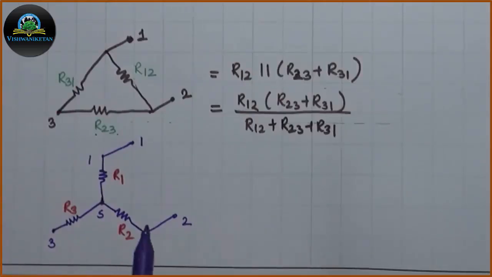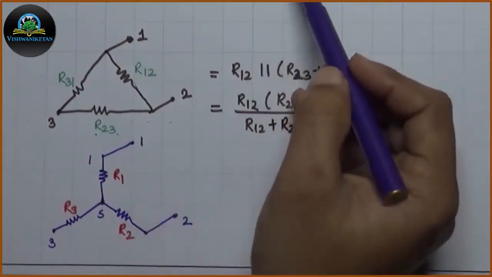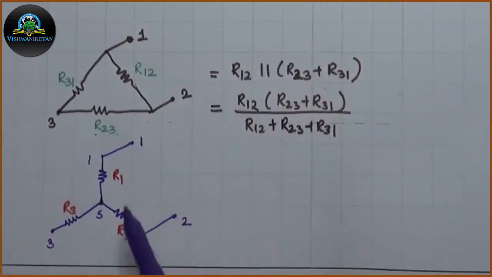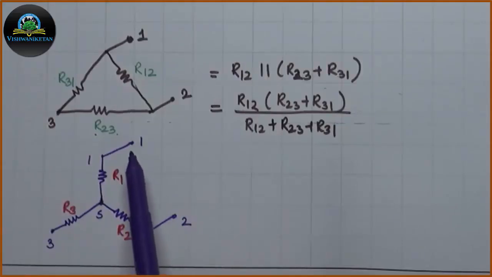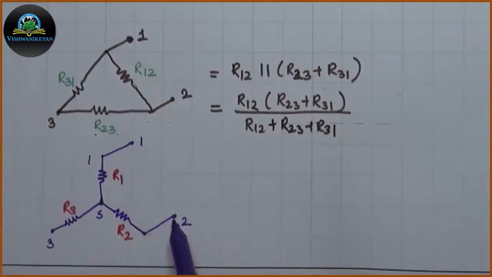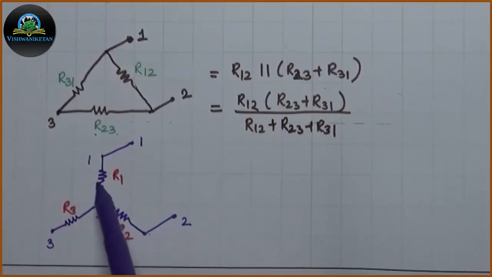Now referring to star connection, similar to delta connection, this star connection is modified like this. I have extended terminal 1 and terminal 2 outside for simplification. Now here also, if you observe the terminal pair 1 and 2, this will be the resistance between 1 and 2.